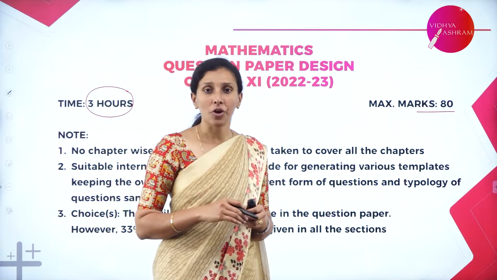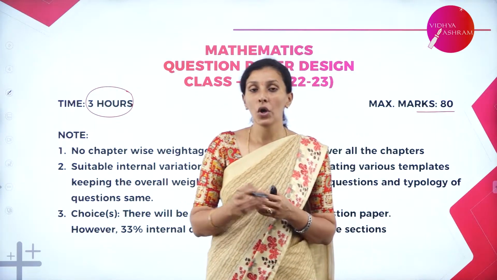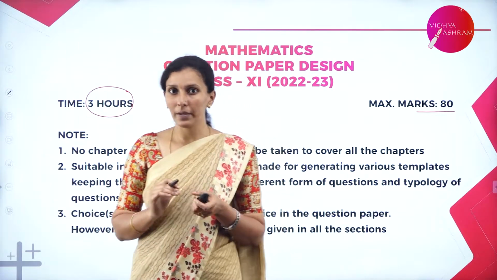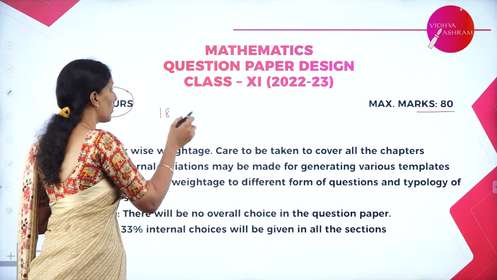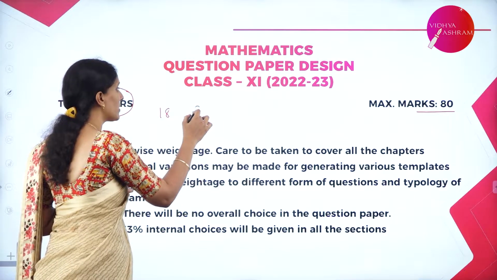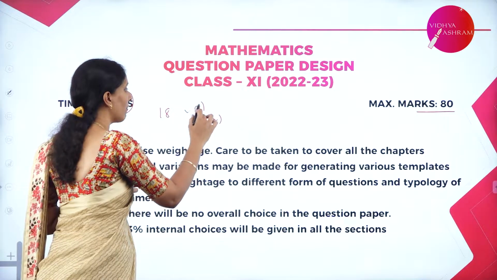So coming to the choices here, no particular choice or no extra questions will be given. Only internal choice will be given here. So for example, if you have question number 18, question number 18 has two questions in the form of A or B. So here you are supposed to choose any one question.